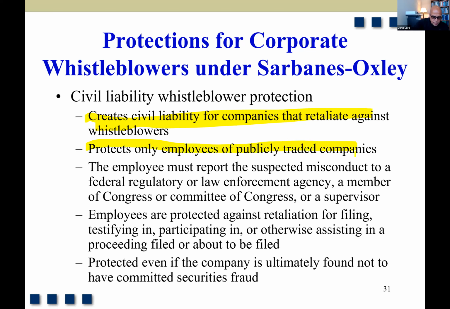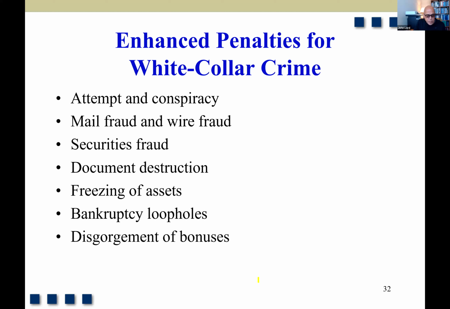So it protects them even if the company is ultimately found not to have committed securities fraud. If they were being pressured as part of their whistleblowing efforts, then the entity could be civilly liable for that.